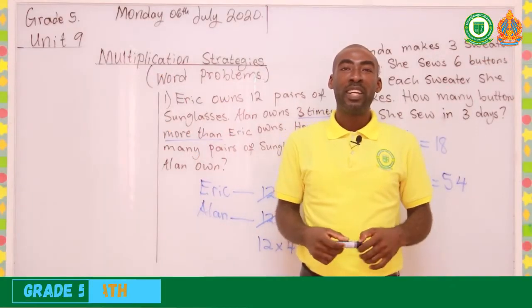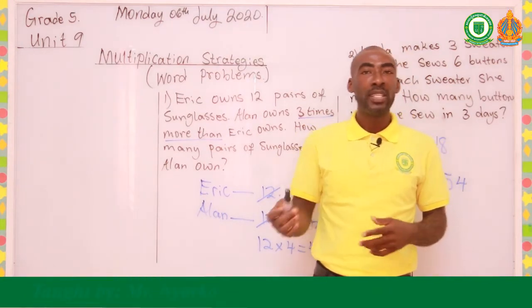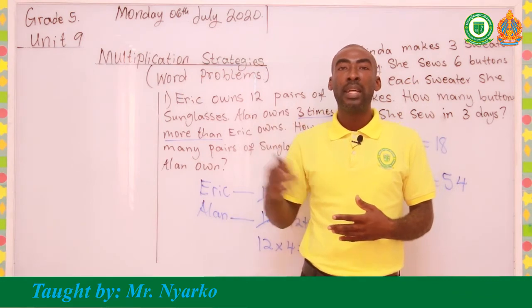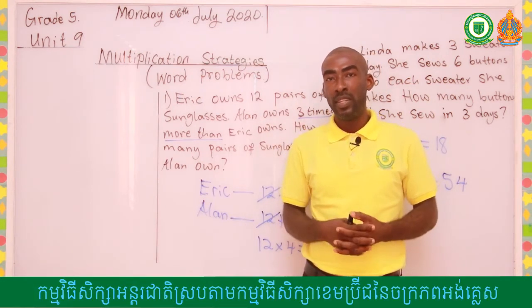Students, welcome to our final video on our lesson, multiplication strategy. On our first and second video, we handled examples that I'm sure have helped you to complete your task successfully.